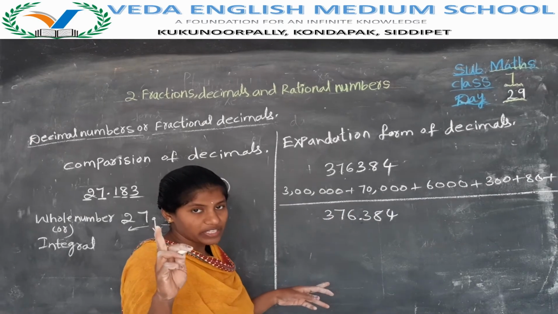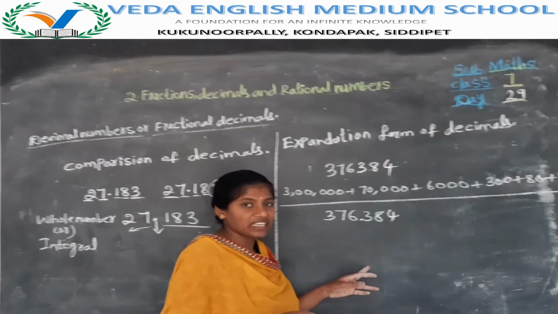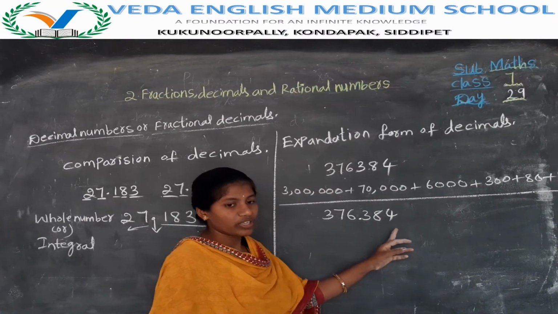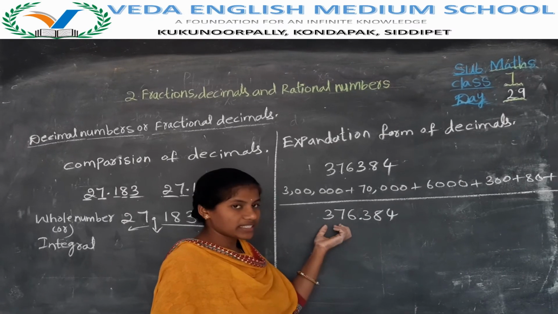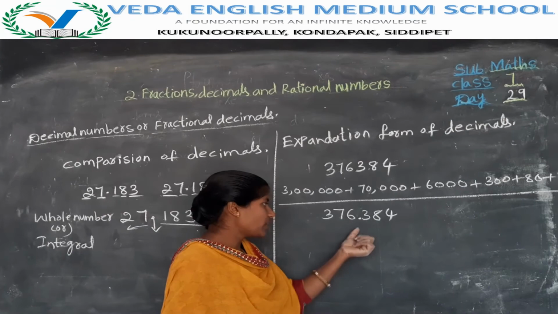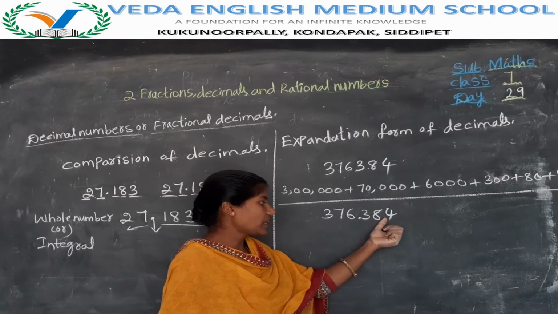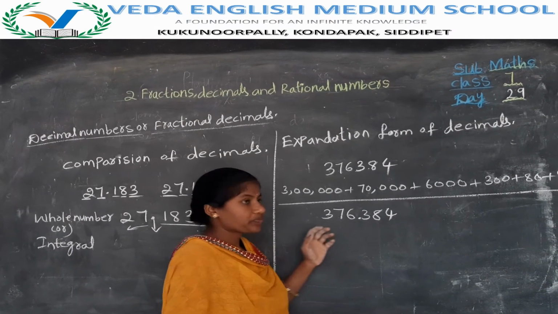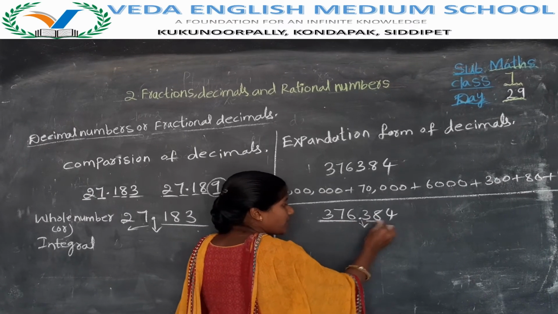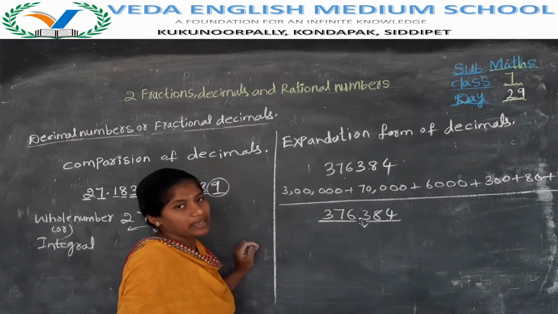After the point you have to read one digit at a time. So 376.384. This 376 is called the whole number part or integral part. This point is called the decimal point and 384 is called the decimal part.